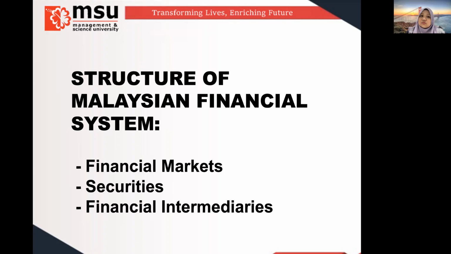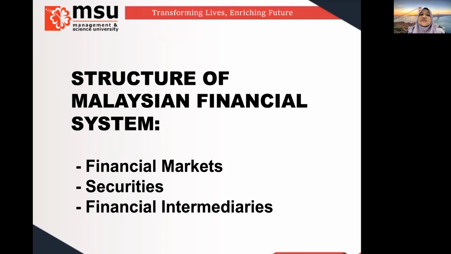Same goes for individuals and governments. For example, Miss Aisyah is a person who saves money, and at the same time Miss Aisyah is also a person who needs a loan to buy a house. So it means that both parties can come from the same background, the same people.